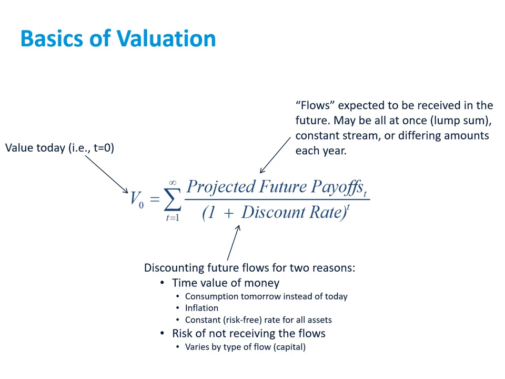And that's also incorporated in the discount rate. We have this projected future payoff, but this projected future payoff is not there with certainty. There is risk involved, and it can be higher or lower than what we project it to be. And the compensation for this risk is also included in the discount rate.